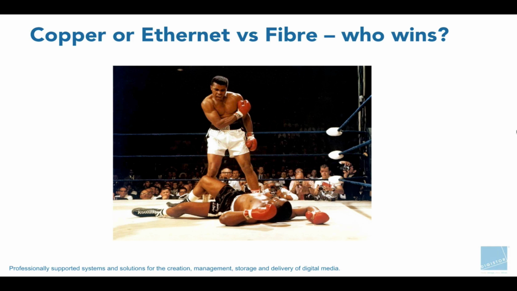So now moving on to copper or Ethernet versus fiber and who wins. And it's a really good debate, I guess. Both camps will tell you they win, so let's break it down. Ethernet cables are comprised of multiple strands of copper wire that are twisted together with 4 twisted wire pairs per cable. 2 of the pairs are used to send data and the other 2 are used to receive data.